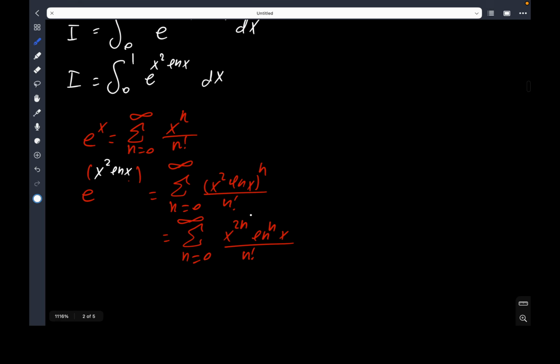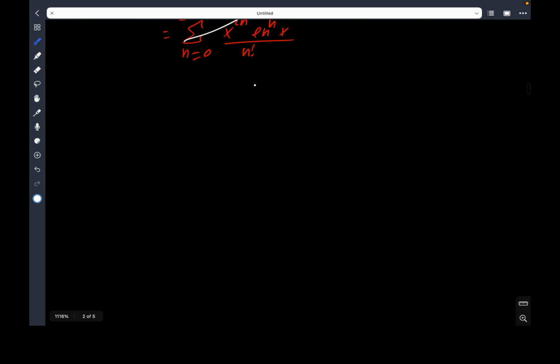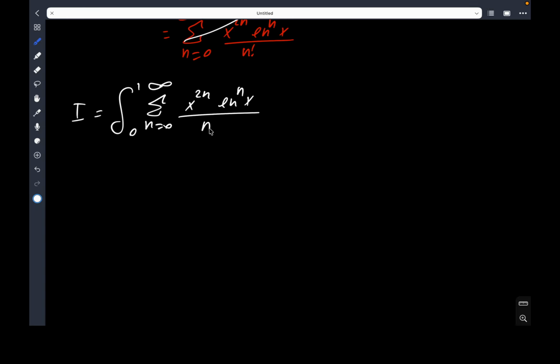Replacing it in my integral, it becomes the integral from 0 to 1 of the infinite sum from 0 to infinity of x to the 2n ln to the power of n x over n factorial dx.